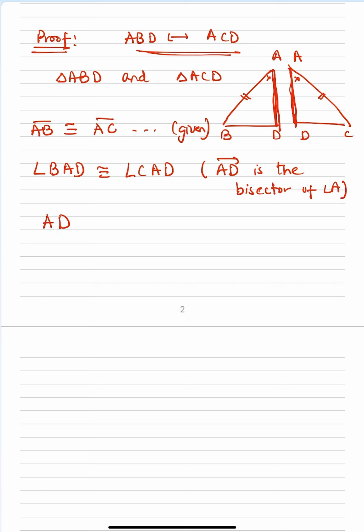Line segment AD is congruent to line segment AD. Why? Because it is a common side, the same line segment.